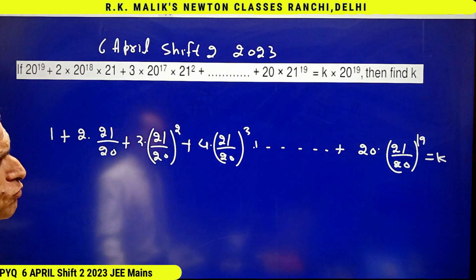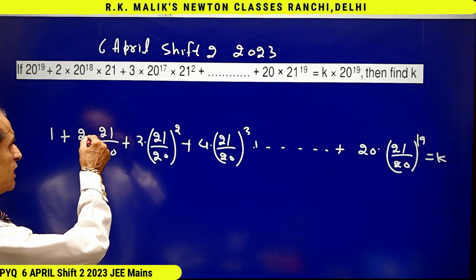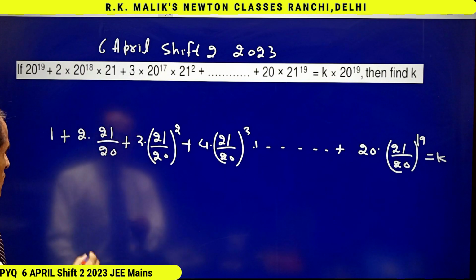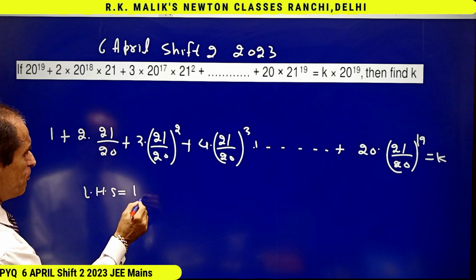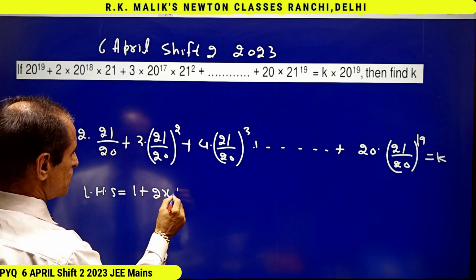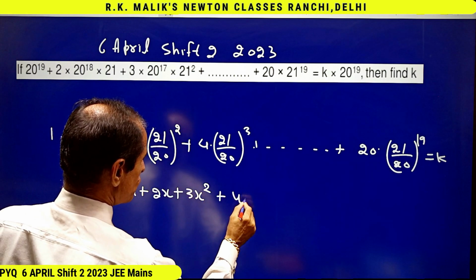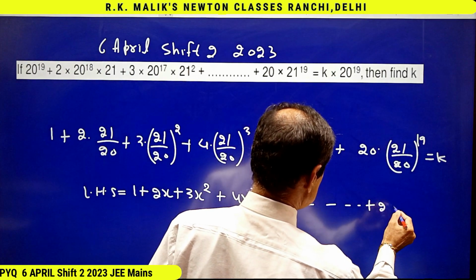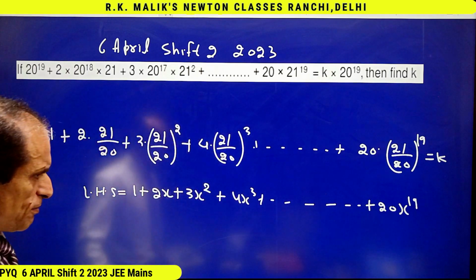Now I have to find the value of k. To find the value of k, let us write x for 21/20. Therefore, the left hand side will become 1 + 2x + 3x² + 4x³ up to 20x^19.